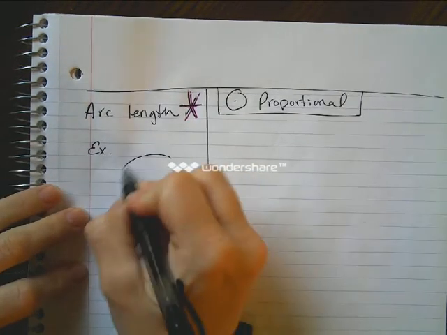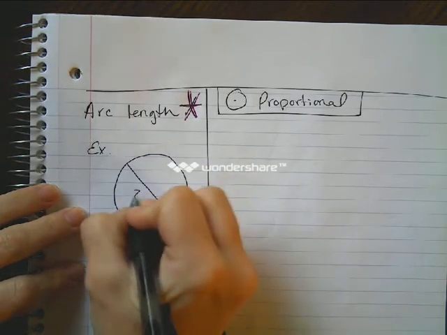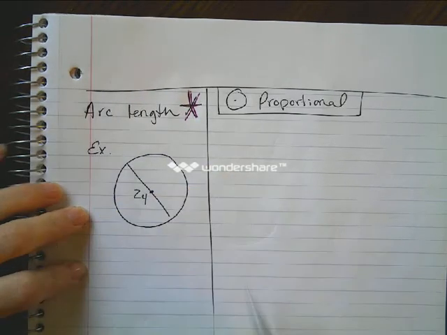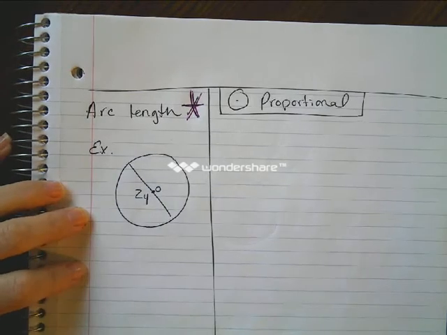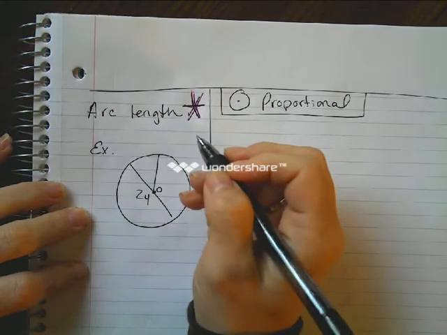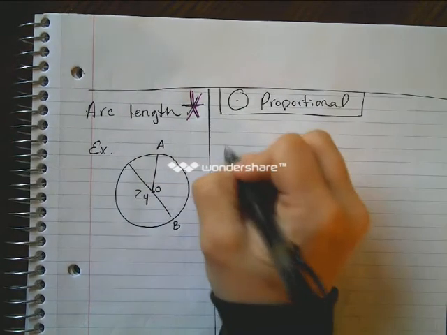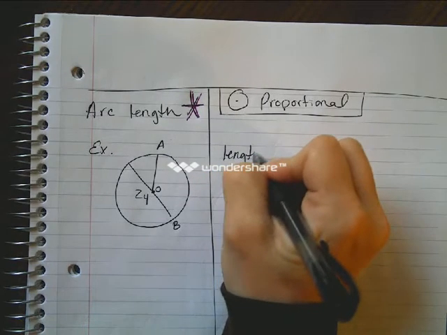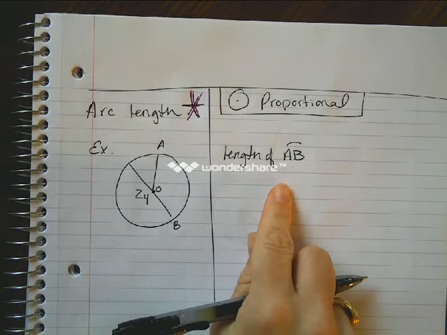If it says M of AB, that doesn't mean they're wanting the length. That means they're wanting the angle. If they want length, they will literally say length of AB. So don't use this formula unless they're actually asking for length. That's a big thing people get confused on. So AB is this length right here.